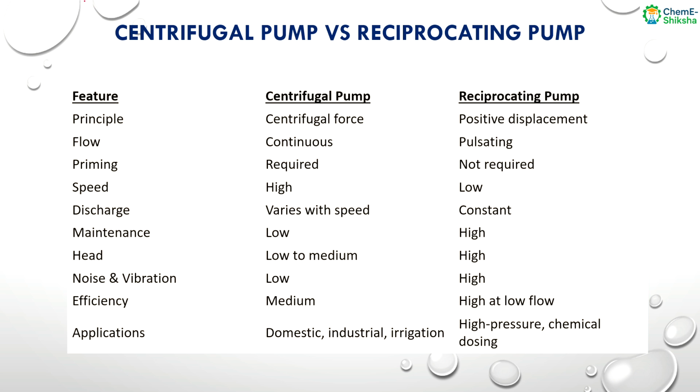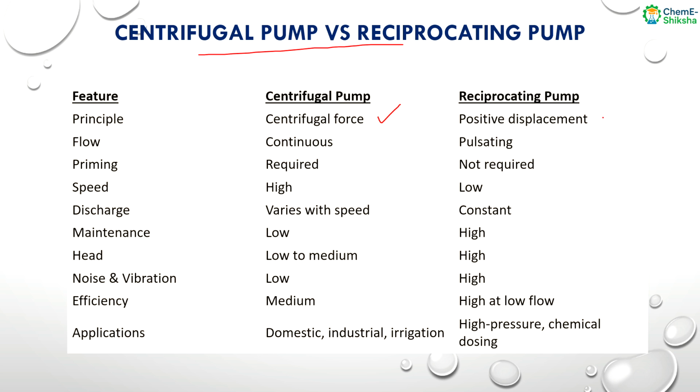Now this is the difference between the centrifugal pump and the reciprocating pump. The principle of the centrifugal pump is centrifugal force. Because of this centrifugal force, the mechanical energy is converted into hydraulic energy or pressure energy.